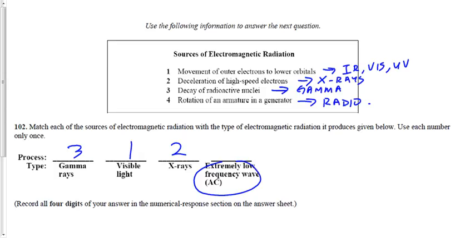I just don't like it when they call it that, because in the end, that's more about how it's caused as opposed to what it's actually called. You could consider that to be a subcategory of radio waves, extremely low frequency wave. But in the end, AC is a current, not so much a wave. Okay? We're going to call this a radio wave, which means it's going to be number 4, 3124.